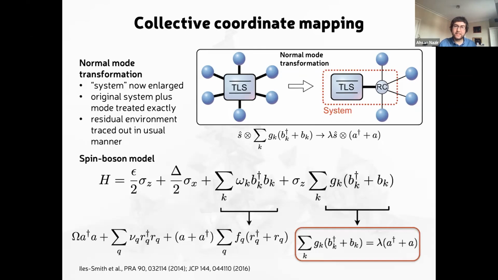And as I mentioned previously, we trace out the residual environment within the standard Born-Markov approach, but we treat the system coupled to the collective coordinate exactly. And once we do that, of course, if we want to look at just the properties of the system, then we can take our description of the enlarged system plus collective coordinate and just trace out the collective coordinate to get the system dynamics.